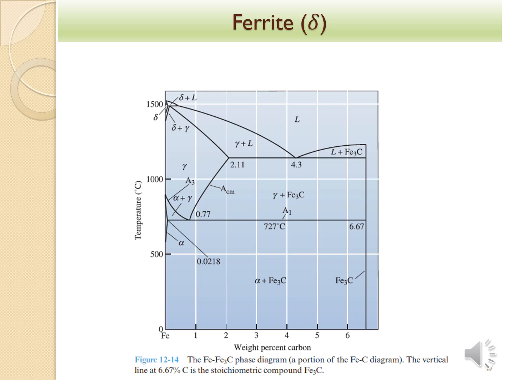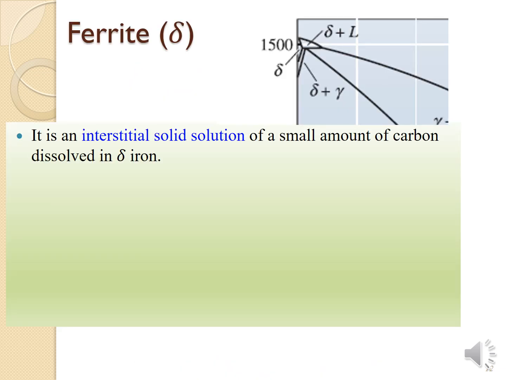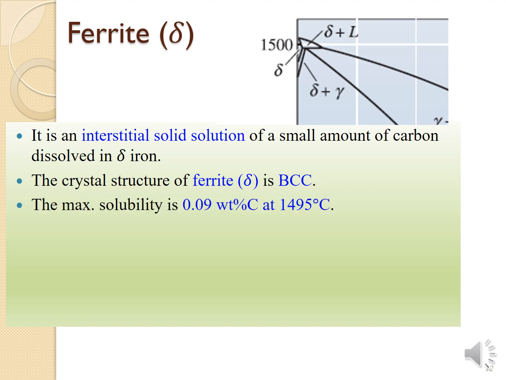Next solid solution is the delta solid solution or delta ferrite over here. Delta ferrite is an interstitial solid solution of a small amount of carbon dissolved in the delta iron, and the crystal structure is BCC, just like the alpha ferrite, and the maximum solubility is at this point, the max solubility of carbon in delta is 0.09%.